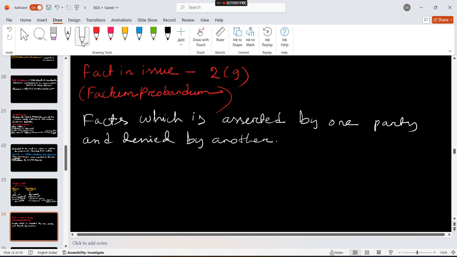So we are designing the issues. To succeed in this matter, as a defendant, A has to deny all the facts in issue, and the prosecutor or the victim needs to establish that the first exists, the third also exists, the fourth also exists, and the accused is going to deny it: no, I have not murdered B.